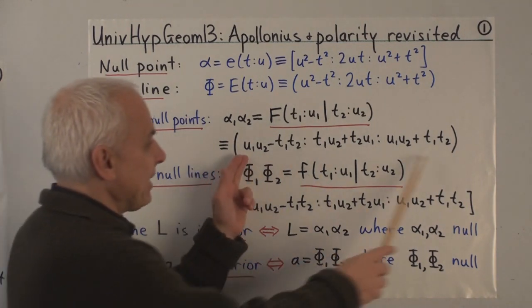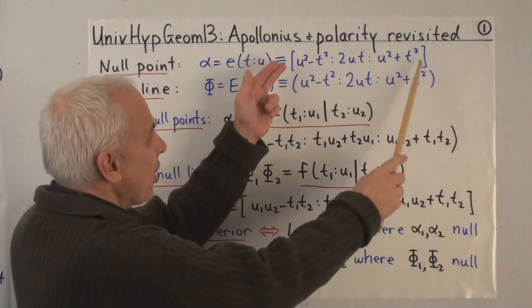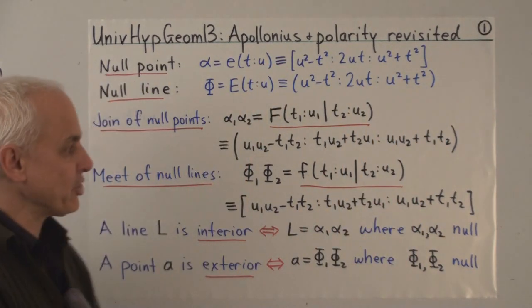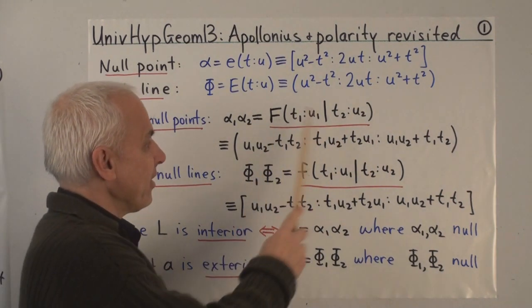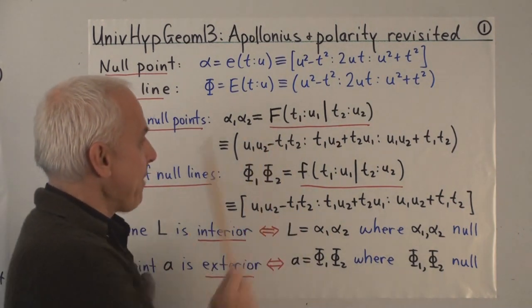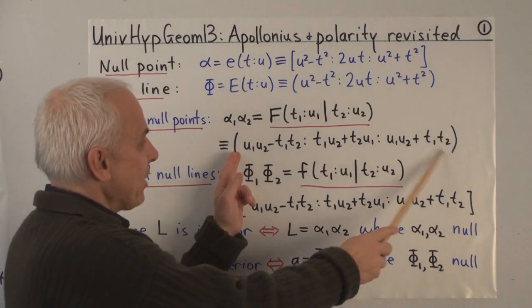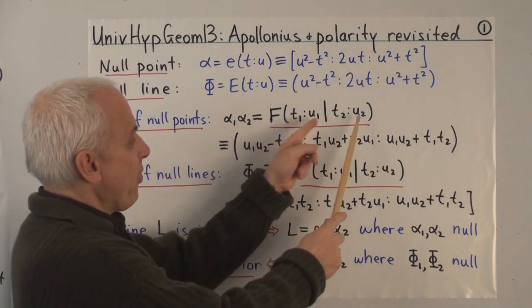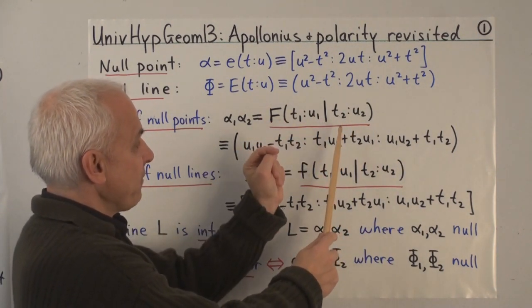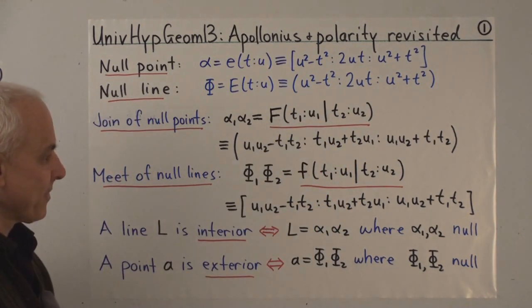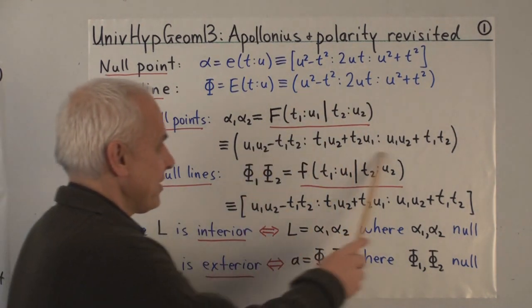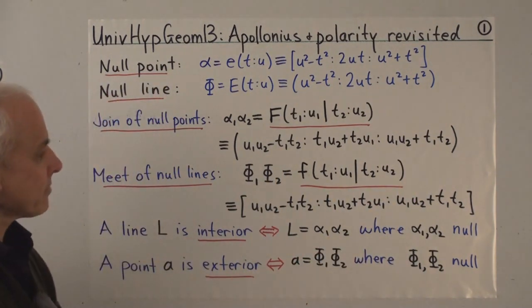This is a kind of a bilinear analog of this quadratic expression. Let's give it a name now because we might use it a little bit. So let's call it capital F. So this is now a function that depends on two proportions: the proportion defining the first null point and the proportion defining the second null point. And there's the formula for it.